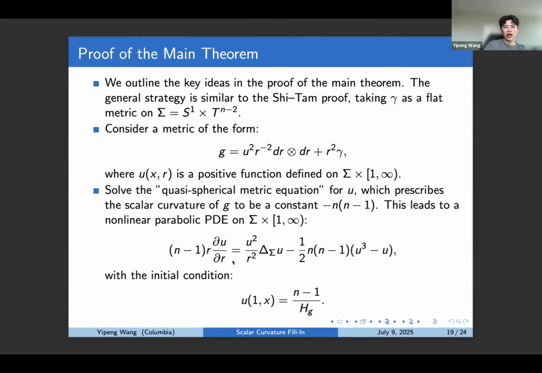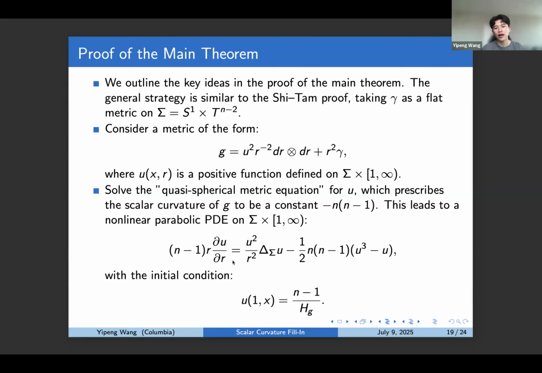So what I want to do is to solve the following equation, which I was explaining as the quasi-spherical equation. It says that I want to prescribe the scalar curvature of this ansatz g to be minus n times n minus 1. Everything is quite explicit here besides this function u, which I haven't determined yet.